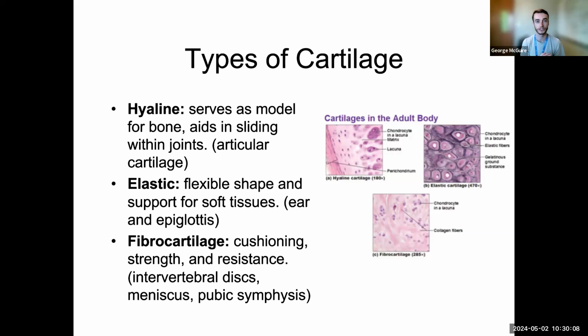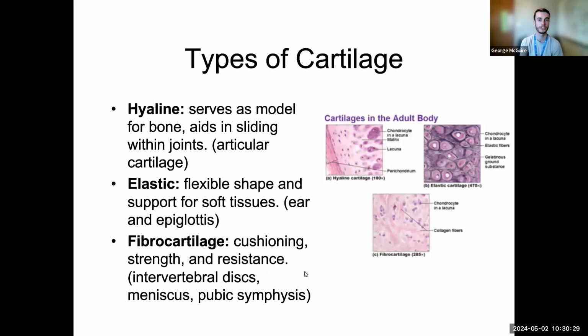Hyaline cartilage is also what serves as the model for endochondral ossification, as we introduced in the last chapter, so how our long bones are formed. But here in our joints, this is going to be forming our articular cartilage with some slight modifications compared to hyaline cartilage in other areas, but we'll talk about that later.